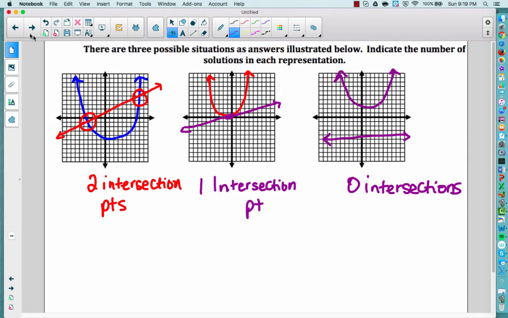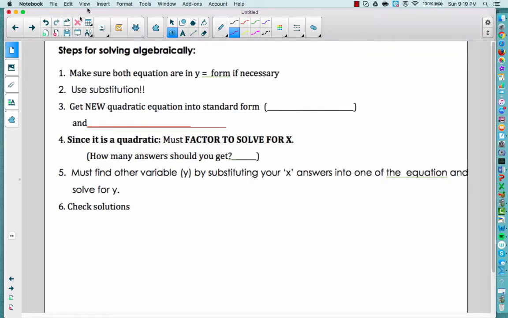All right, but the process is very similar to when we solved systems of linear equations algebraically. The first thing you're going to do is make sure that both equations are in y equals form, and then we're going to use substitution. We're going to get a new quadratic equation when we do that, and we're going to have it in standard form, and then we're going to solve by factoring.